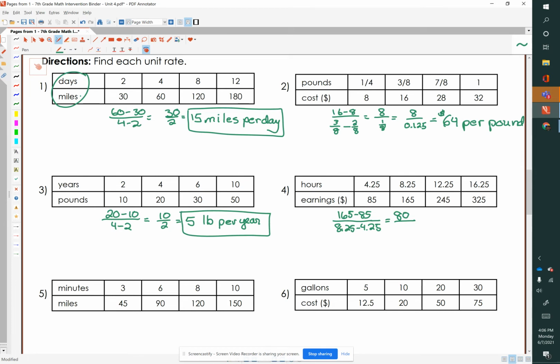And $8.25 minus $4.25 is $4. And 80 divided by 4 equals $20. So that would be $20 per hour. Not bad. It's pretty good money.